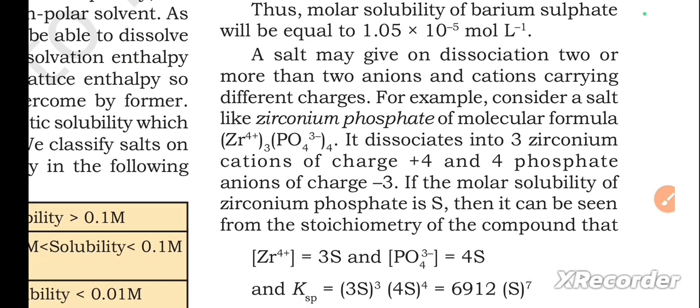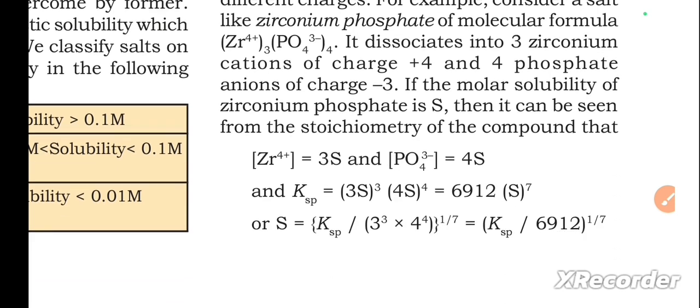A salt may give on dissociation two or more than two anions and cations carrying different charges. For example, consider a salt like zirconium phosphate of molecular formula Zr4+ taken thrice, PO4 3- taken 4 times. It dissociates into 3 zirconium cations of charge plus 4 and 4 phosphate anions of charge minus 3.